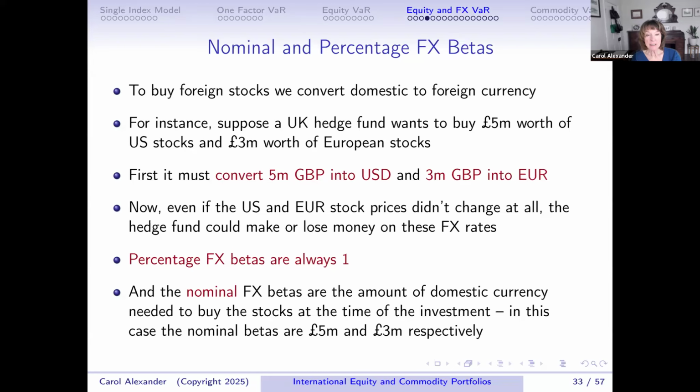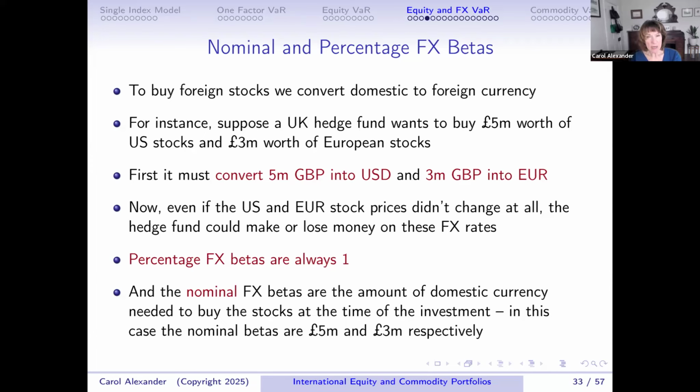Now, suppose that that's done and the hedge fund is ready to invest in these stocks now because it's got the local currency, but it doesn't even have to invest in those stocks. In fact, irrespective of what the stock prices do, it's now exposed to FX risk.